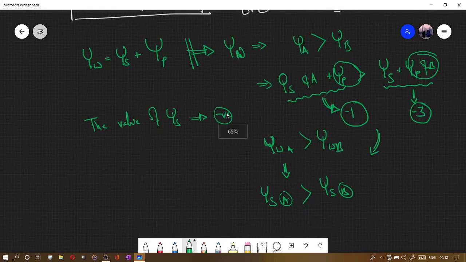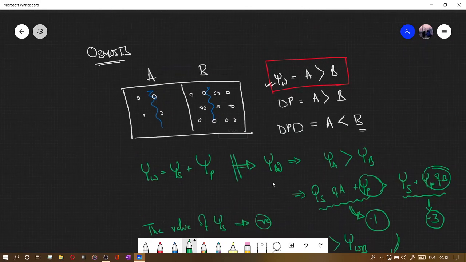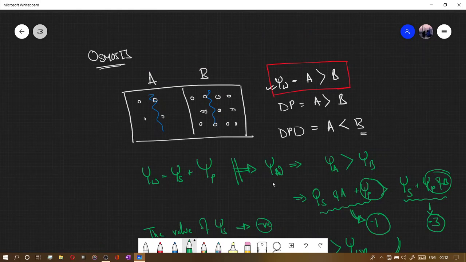Chamber B has more solute. As solute concentration increases, solute potential becomes more negative.